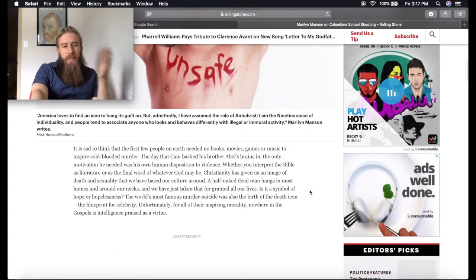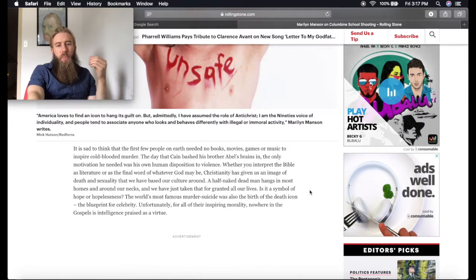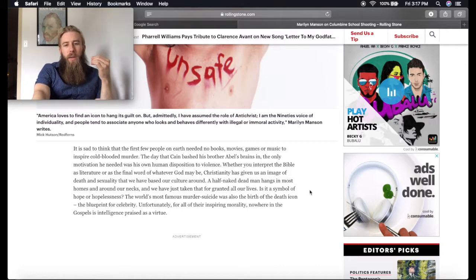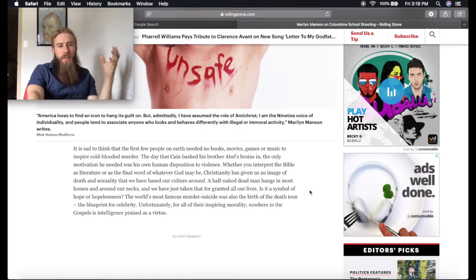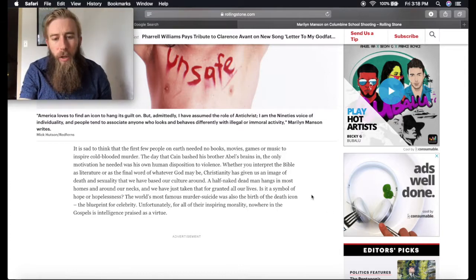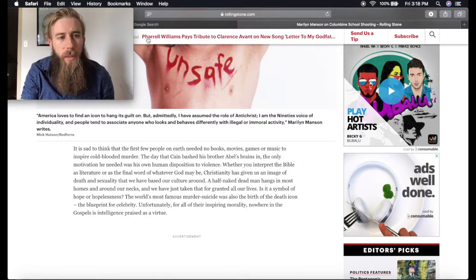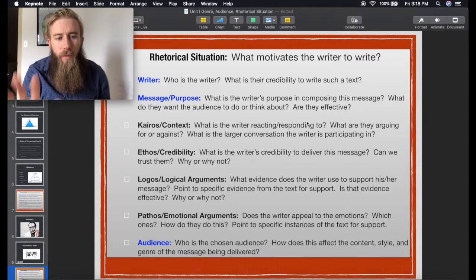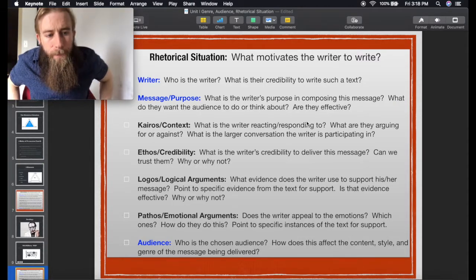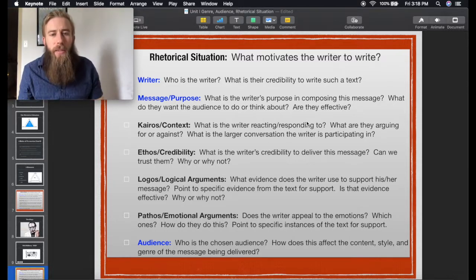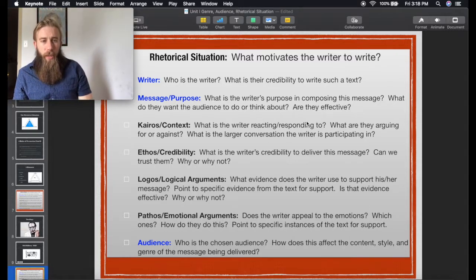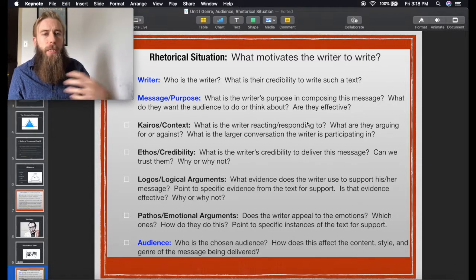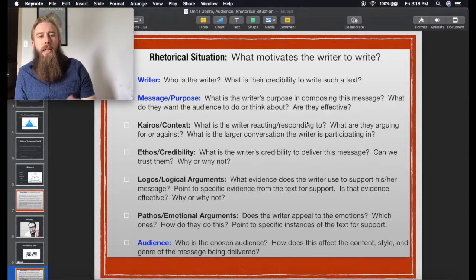And really what he does in this one, which is interesting, is he just points out all the different, the various forms of violence throughout history, and he starts with the Bible. And the reason that he does this, and I'm going to go back to my presentation here. If we look at this slide, so he's Marilyn Manson, he's the writer. His credibility we'll get to in a second. His purpose is to defend himself against people that were blaming him for Columbine, which he had nothing to do with.